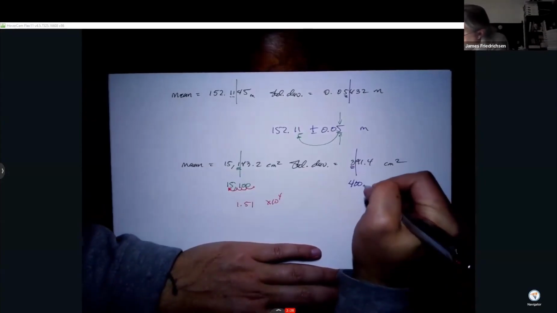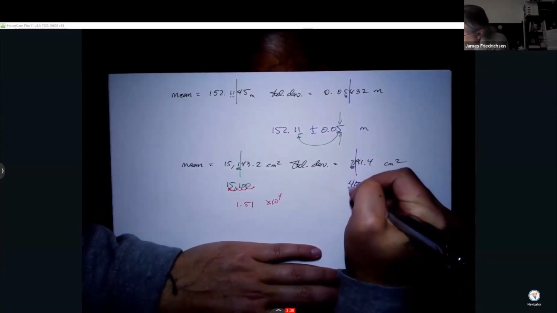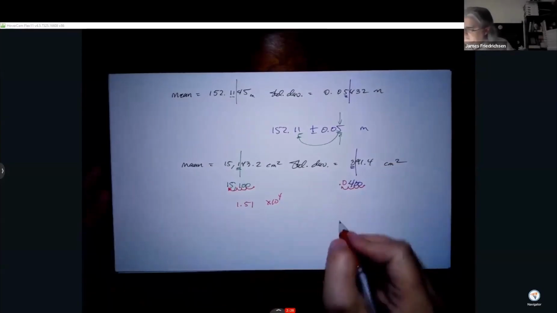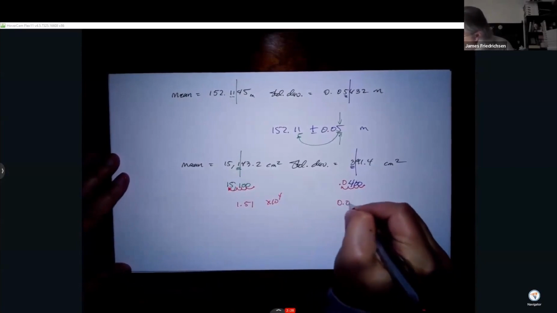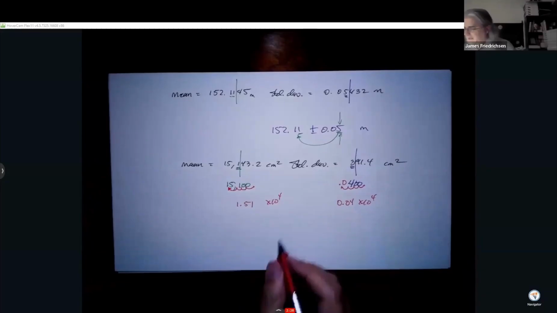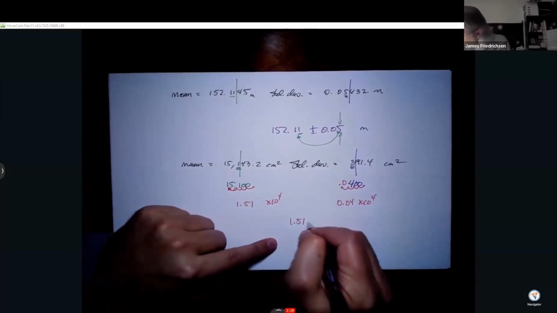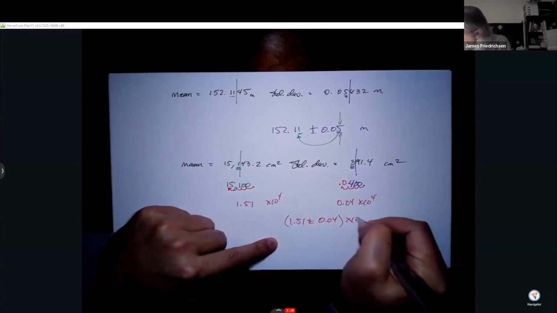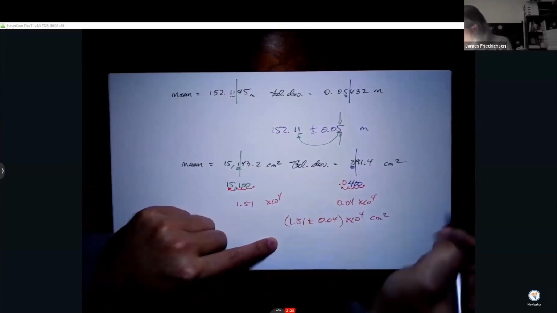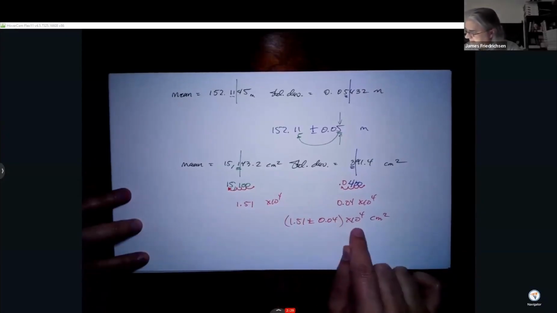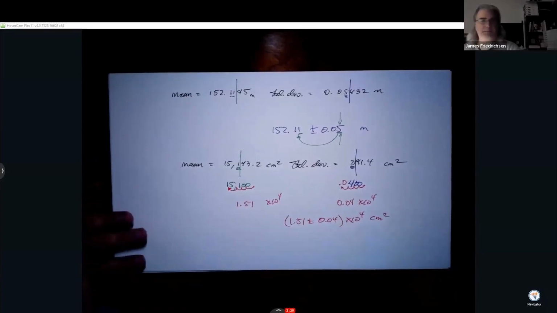And then you do the same thing for the uncertainty: 1, 2, 3, 4. So this would be 0.04 times 10 to the 4. I would put it together and we would get 1.51 plus or minus 0.04, all of this times 10 to the 4, and I wrote centimeters squared. One digit, match places, same power of 10, same units. Questions?